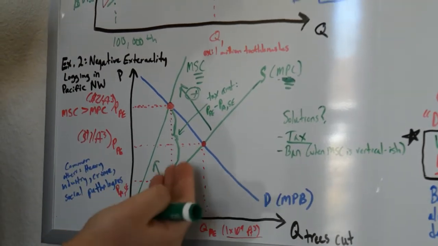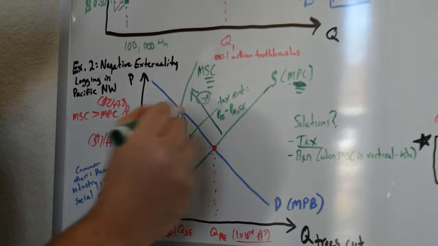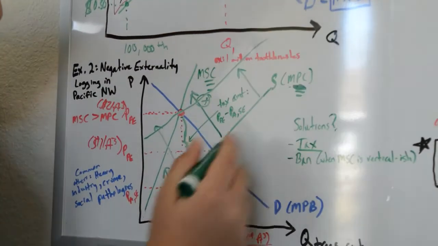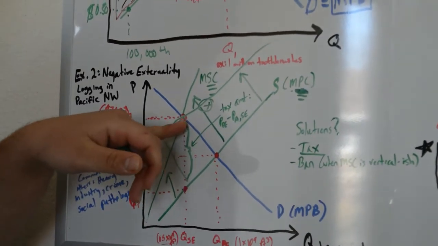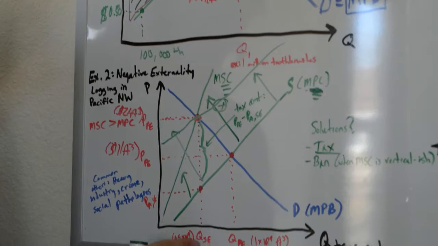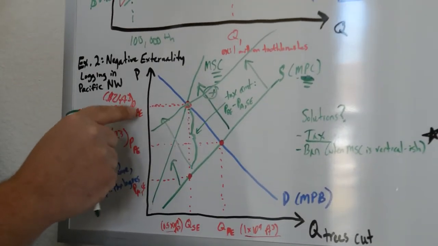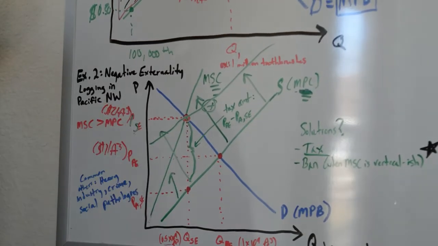And then basically this supply curve is going to reflect that added tax by shifting up and staying parallel to the old supply curve and going through the equilibrium point you want it to. Where now we're harvesting the socially efficient quantity at the socially efficient price. That should be an S, not a P right there for socially efficient.